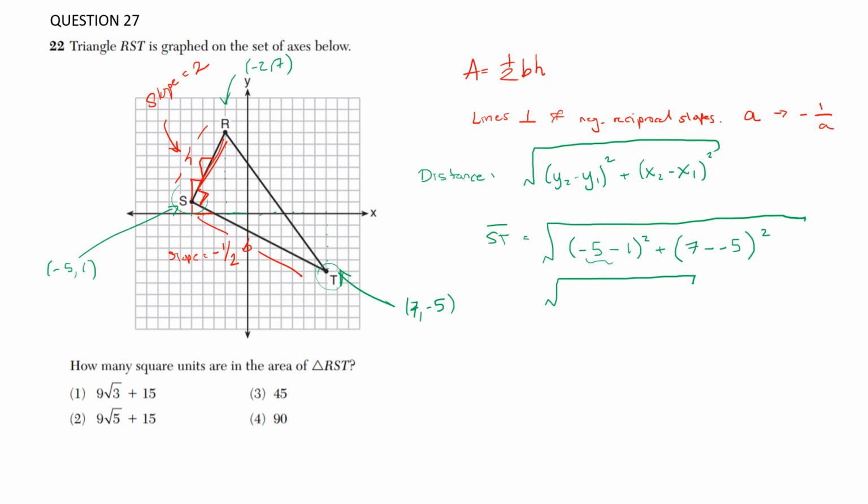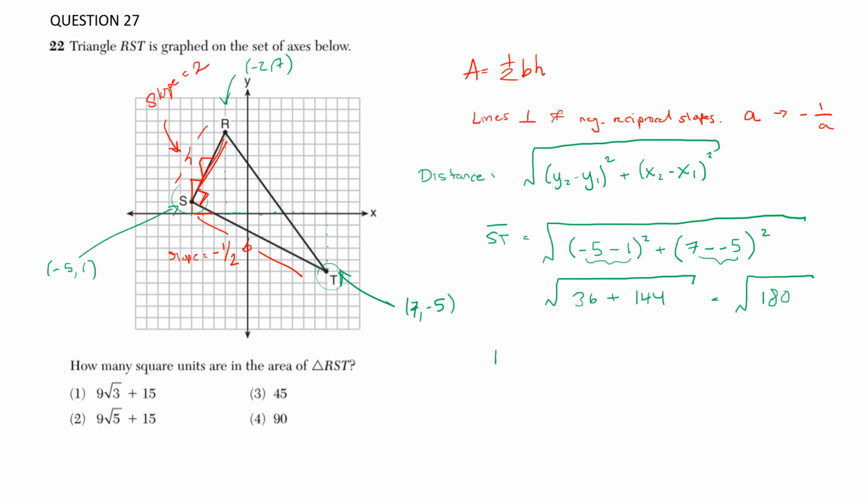That is negative 6 squared is 36, plus 12 squared is 144. That gives us 36 plus 144, square root of 180. So we'll just leave it in that form.